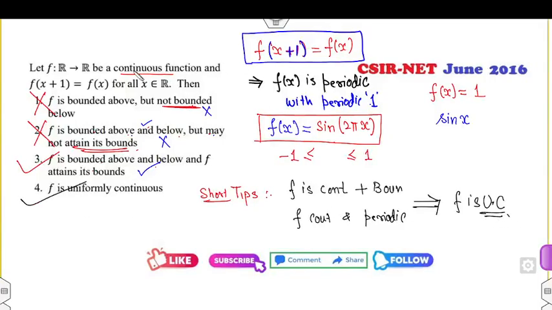So F is periodic, F is continuous, both are given to you. Bounded, we already proved in the third option. So that means it is uniformly continuous. That's more than enough: F is continuous and periodic, that means F is uniformly continuous.